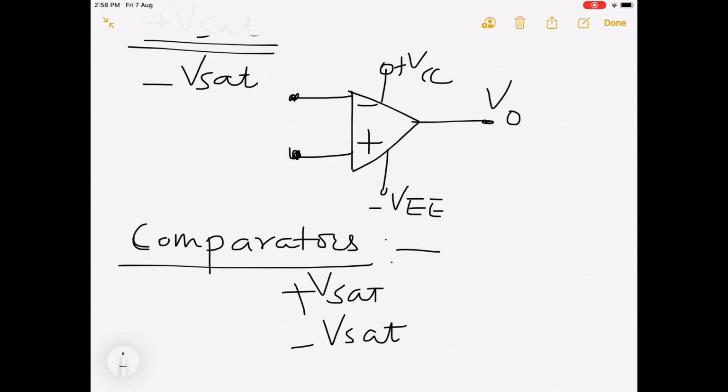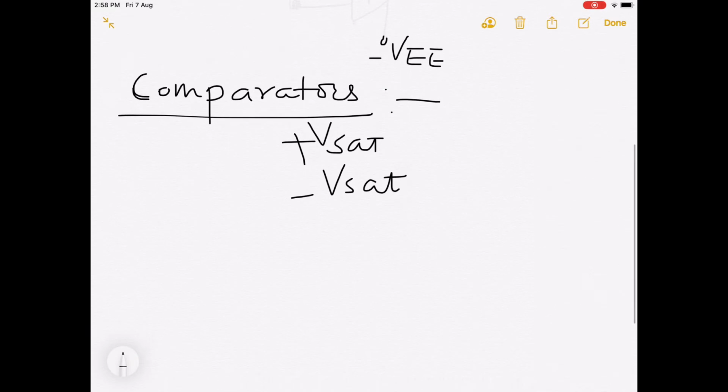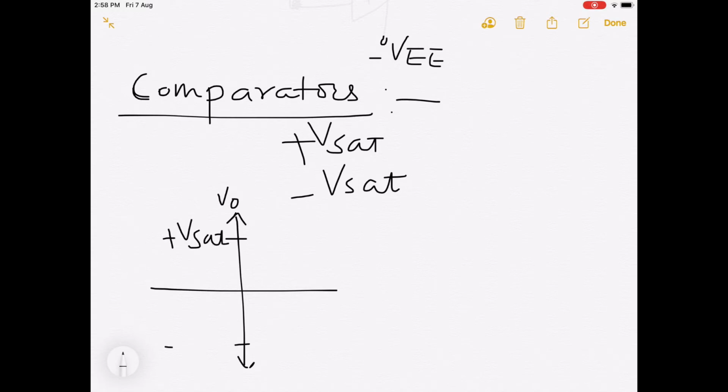These are the two saturation levels of op amp. If we see the input output transfer characteristics of an ideal comparator and practical comparator, there is a slight difference. Ideally your comparator switches at the output between plus Vsat and minus Vsat.